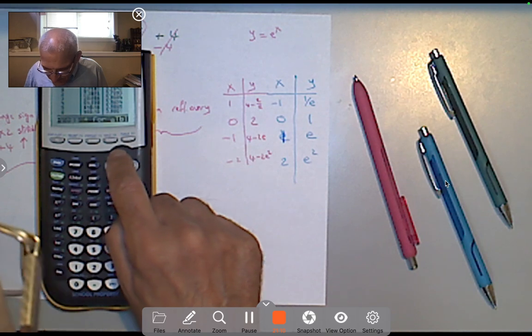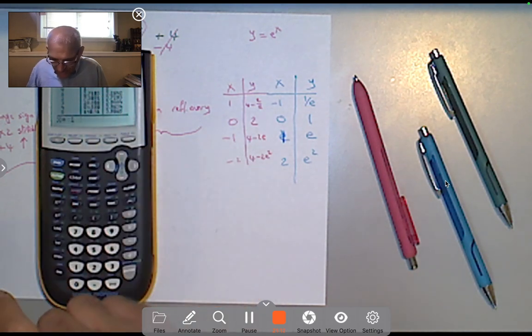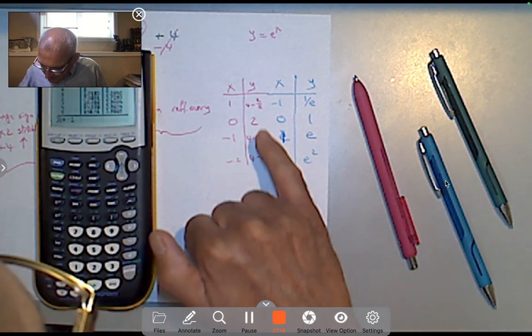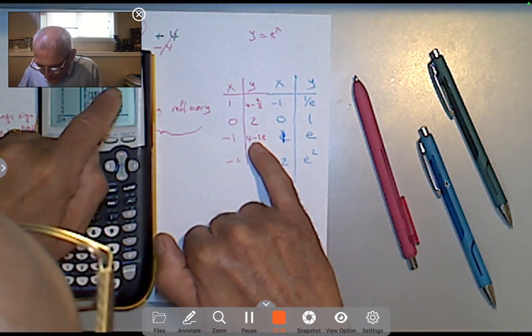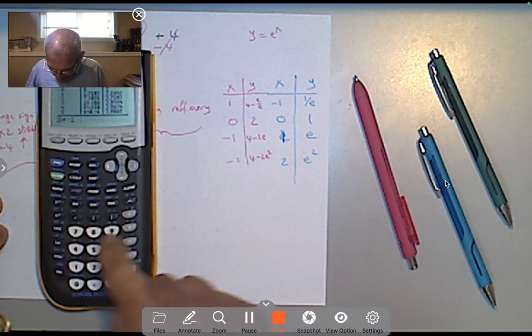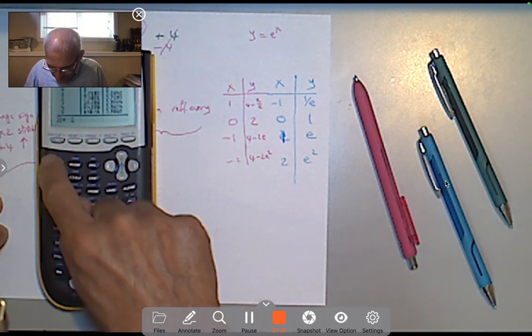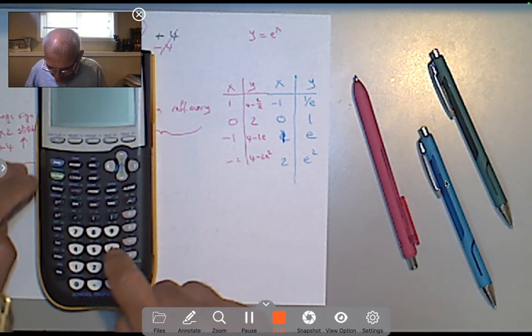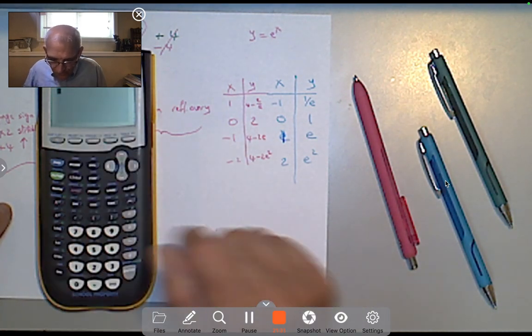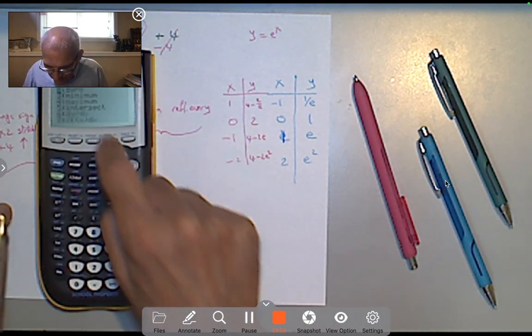Let me see, because the y would always be something like that. So let's check, for example, negative 1, is that 4 minus 2e? 4 minus 2e is negative 1.437, yes.